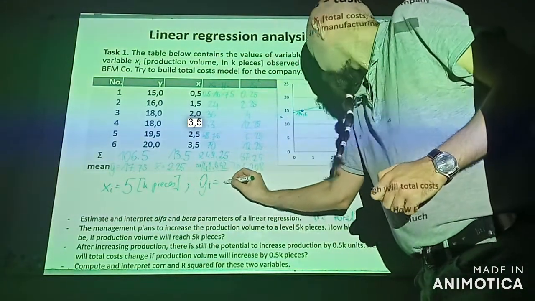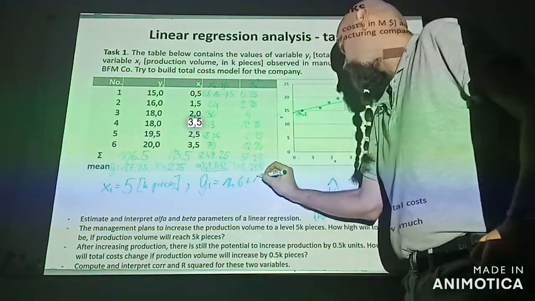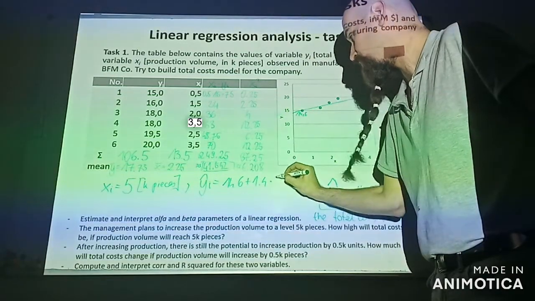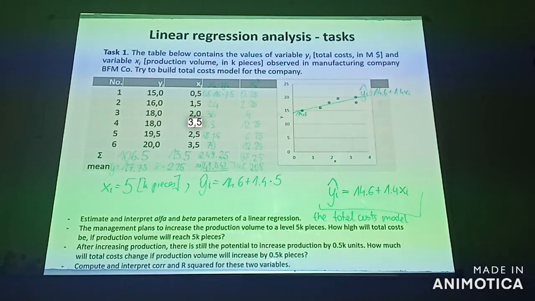So I have 14.6 plus 1.4 multiplied by 5. 5 is exogenous variable.